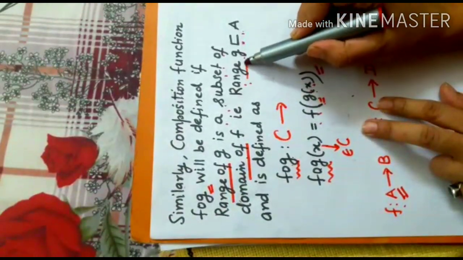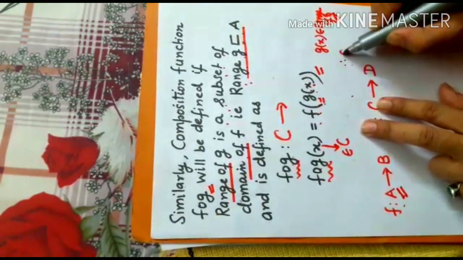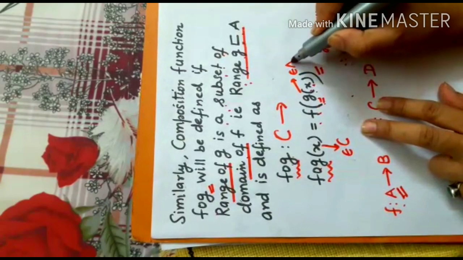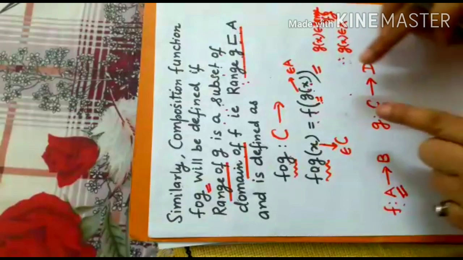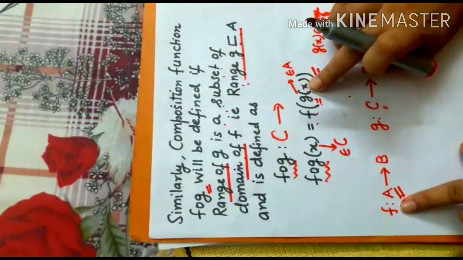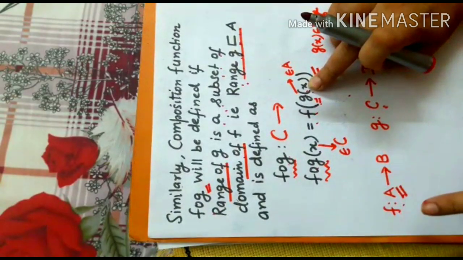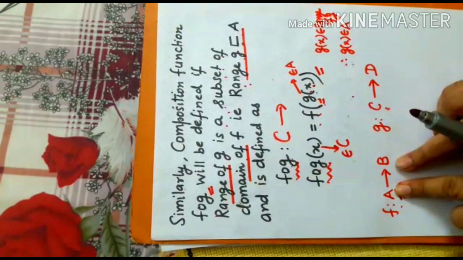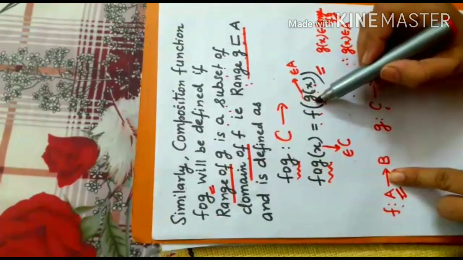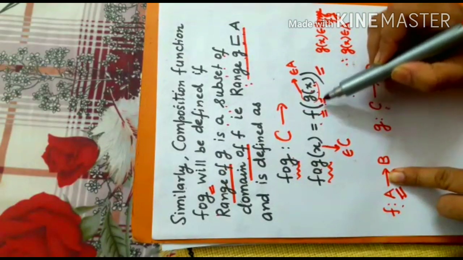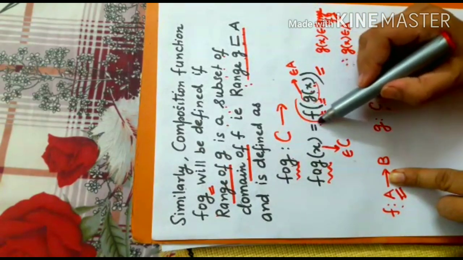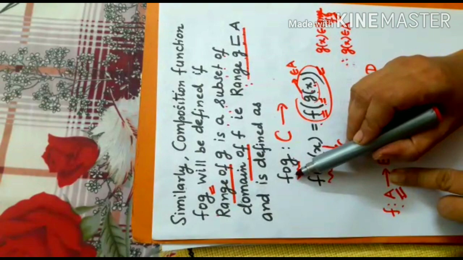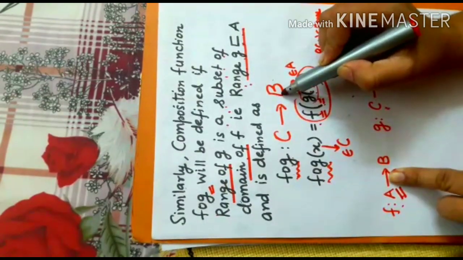But according to this condition, range of g is a subset of A. So therefore, g(x) will belong to the set A. That means this element is in the domain of the function f, and to every element of its domain, the function f will associate an element of the set B. So image of this element under the function f will belong to the set B. So therefore, the codomain of the function fog will be the set B.